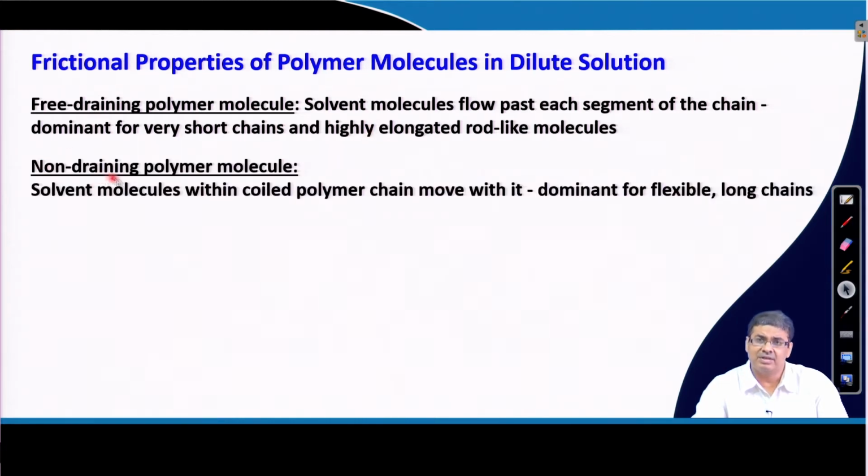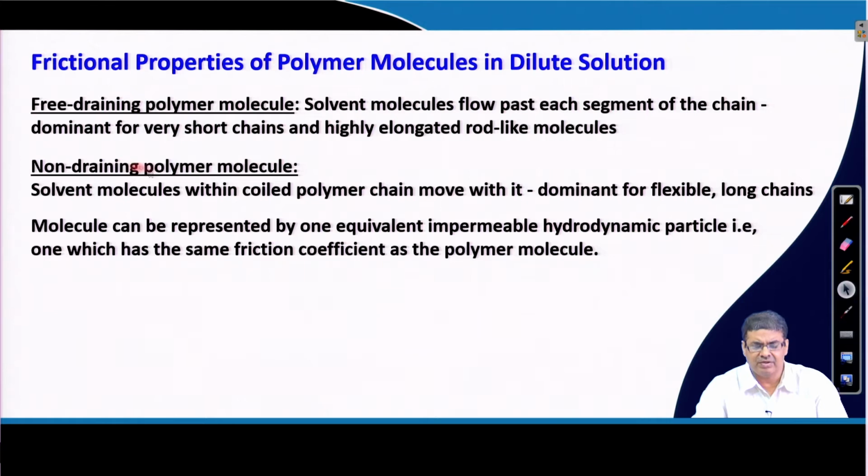Most of our synthetic polymers behave as non-draining polymer molecules in solution, which means solvent molecules within the coiled polymer structure move along with the polymer molecule, and this behavior dominates for flexible long chain polymer molecules, which are the generally encountered polymers in most of our applications.